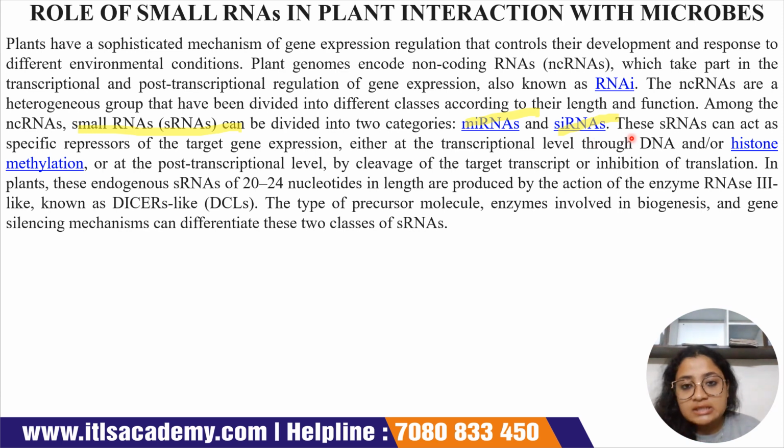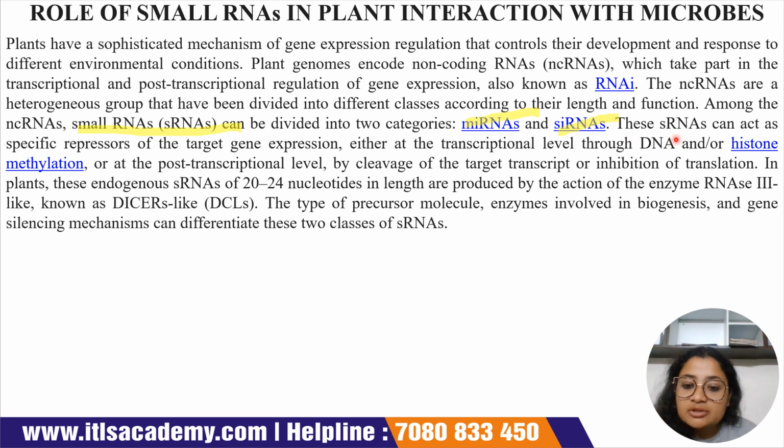Okay, so let's just brush up. We have the non-coding RNAs, which will be divided into different categories. One of those categories will be small RNAs, which will again be divided into two groups, the small interfering RNAs, that is the siRNAs, and the miRNAs, that is the microRNAs.